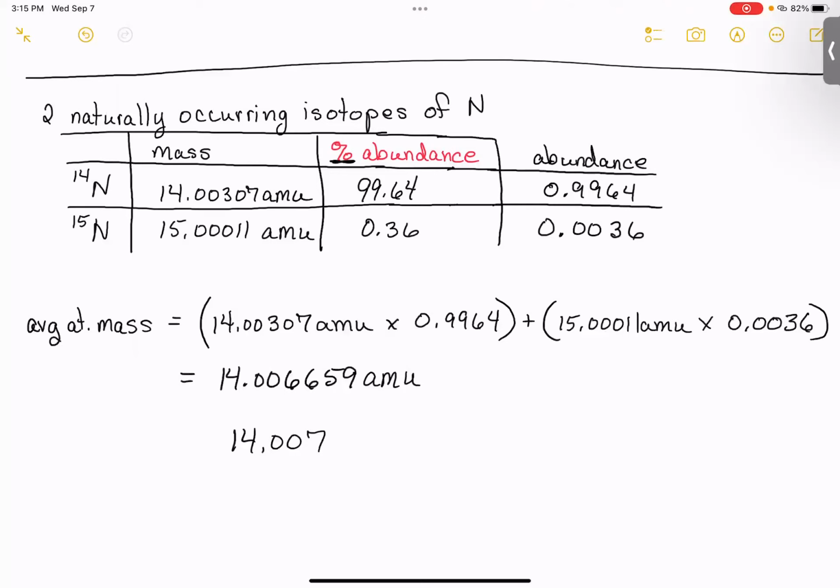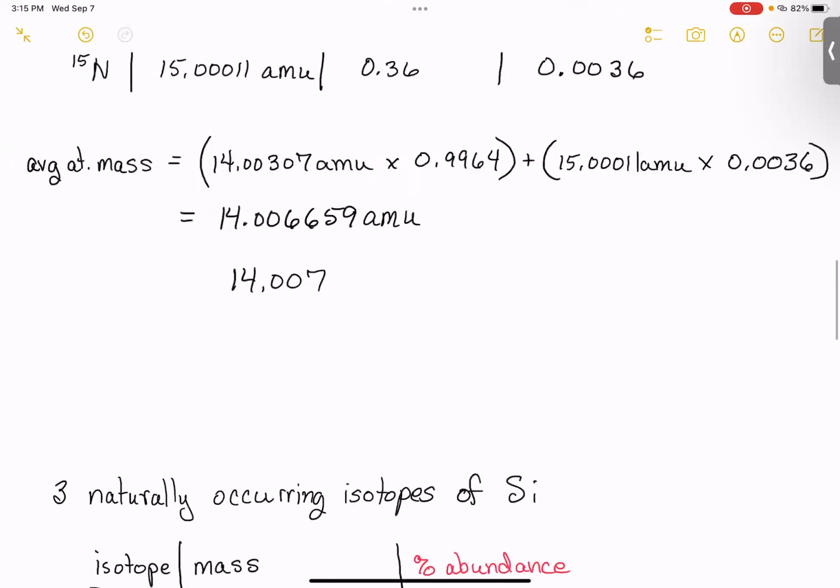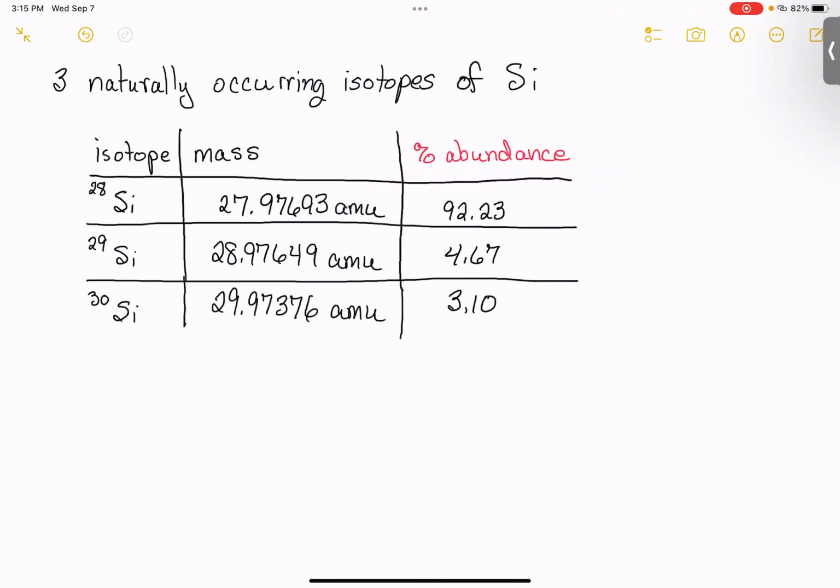Let's look at another example. Silicon has 3 naturally occurring isotopes: silicon-28, silicon-29, and silicon-30.